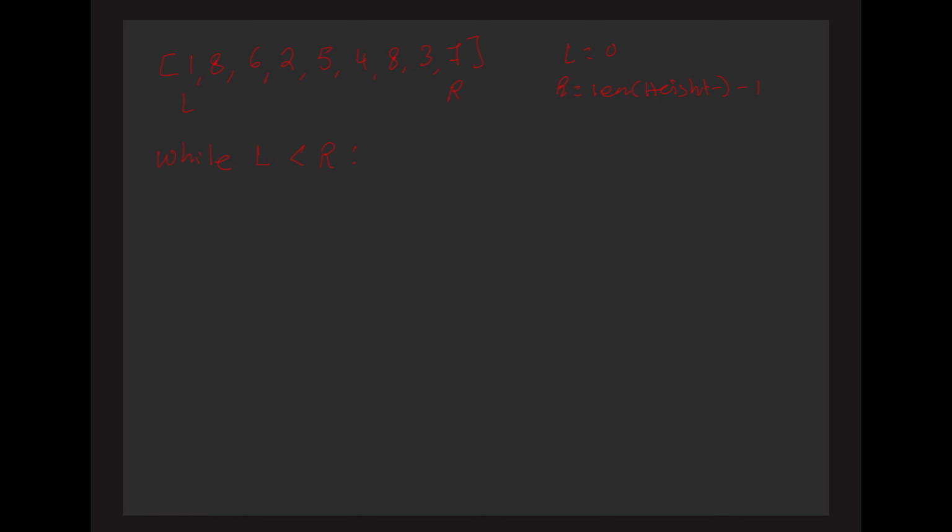But before we start moving down the array, we first calculate our current area. That is done by taking the right pointer minus the left pointer, times the minimum height of the pointers.